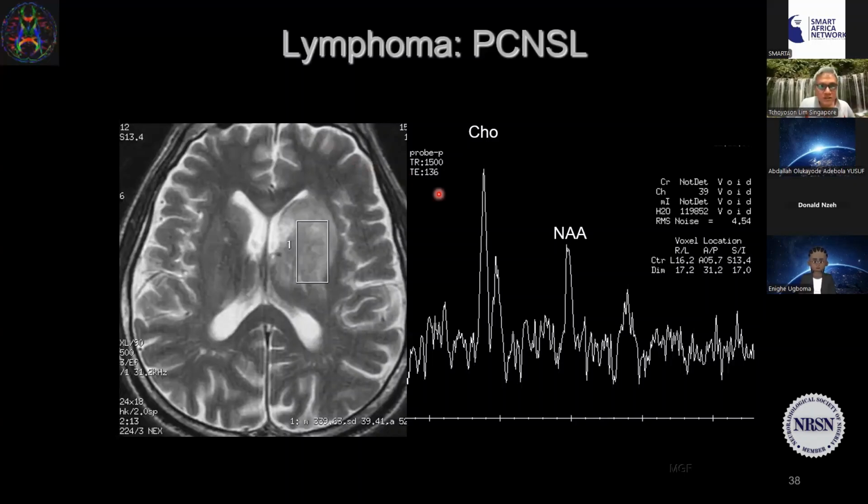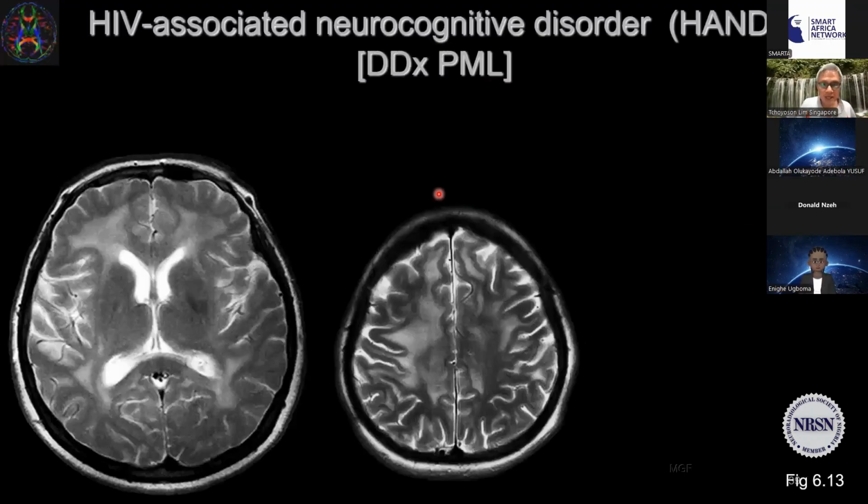This is an example of a patient with HAND. In HIV-associated dementia or cognitive impairment, the virus itself attacks the brain. So the brain has HIV virus, but no opportunistic infection. It destroys the white matter in a very bilateral, symmetrical fashion.